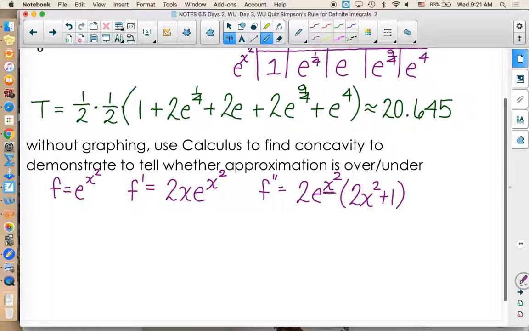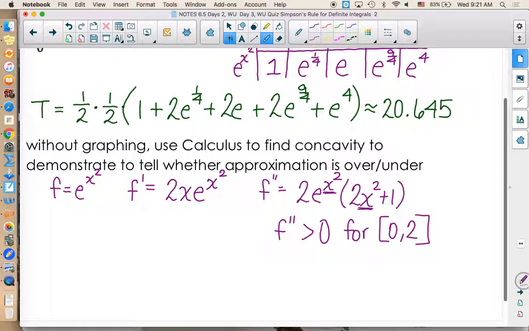So because I'm squaring that, e is going to be a positive number raised to a positive power. X squared is going to be a positive value, and I'm adding to that. So there's no chance of this actually becoming negative. F double prime is going to be positive, greater than 0, for all the x's in our region, 0 to 2.